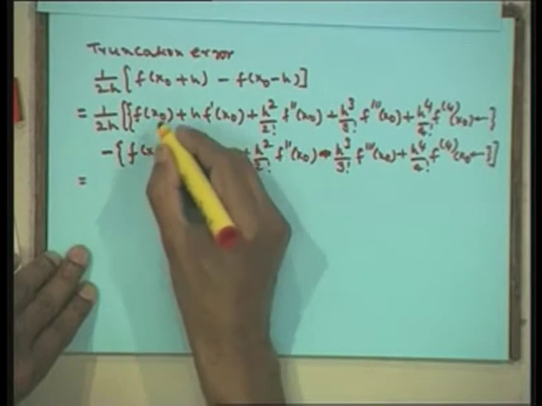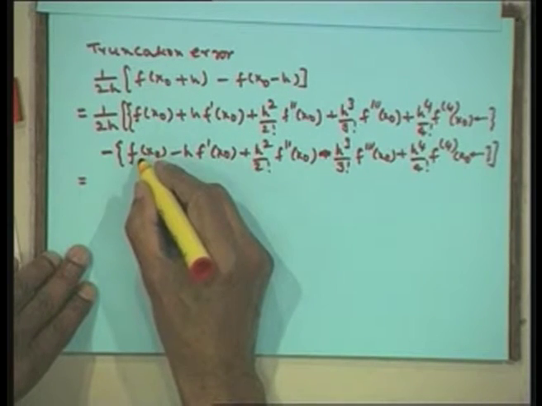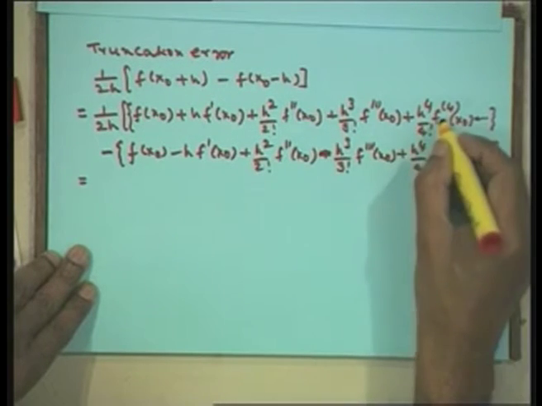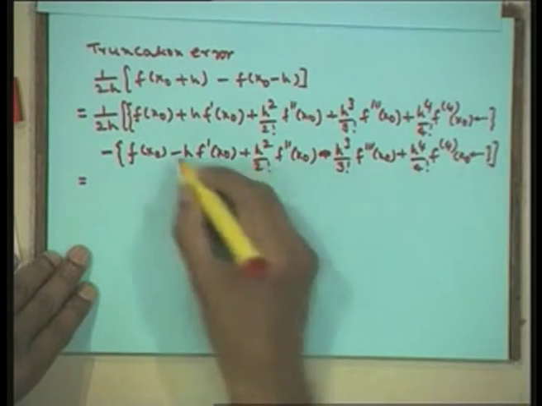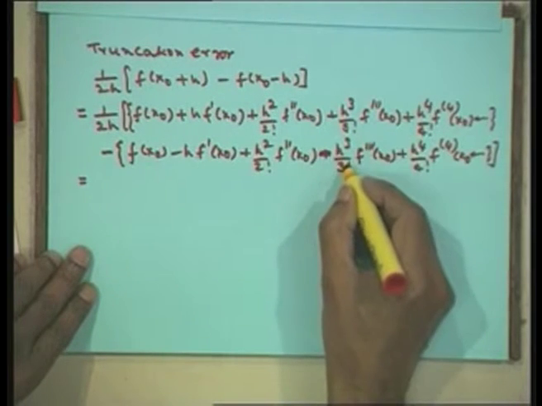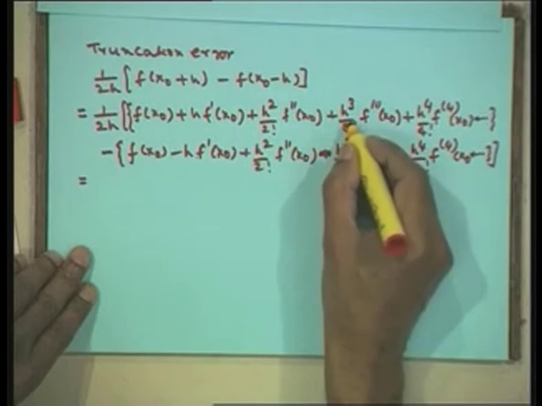Now, we can see f(x0) cancels with f(x0), second derivative terms cancel, fourth derivative terms cancel, and the first derivative term and third derivative term add up, giving us 2 times these terms.